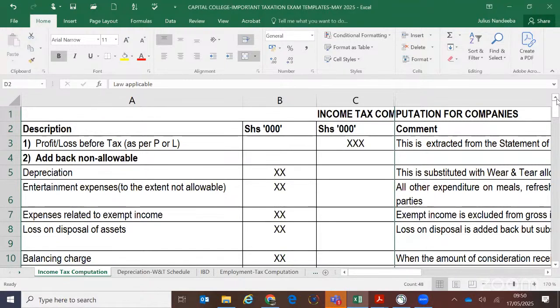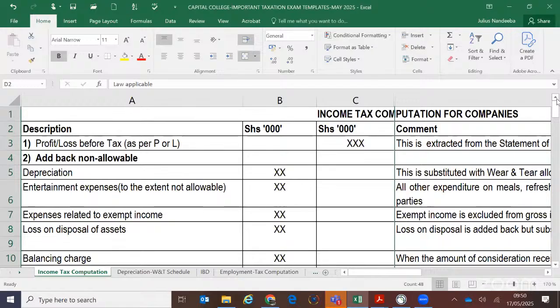The difference only comes when you're actually calculating the tax liability. The company applies 30%, whereas for an individual, you go to the individual income tax rates. Those rates that we're going to use for employment income are the same rates you use for any individual income tax.